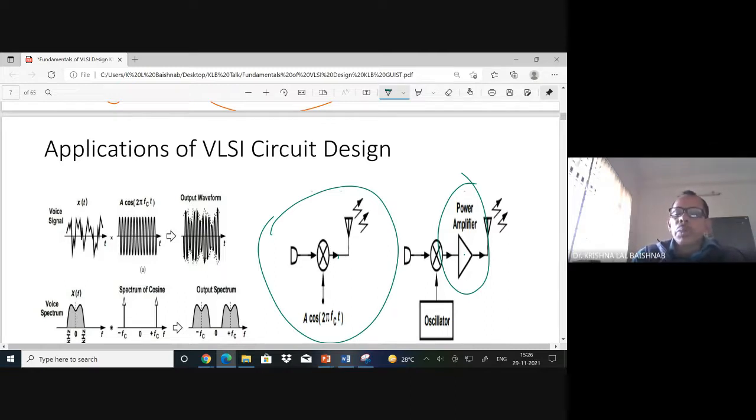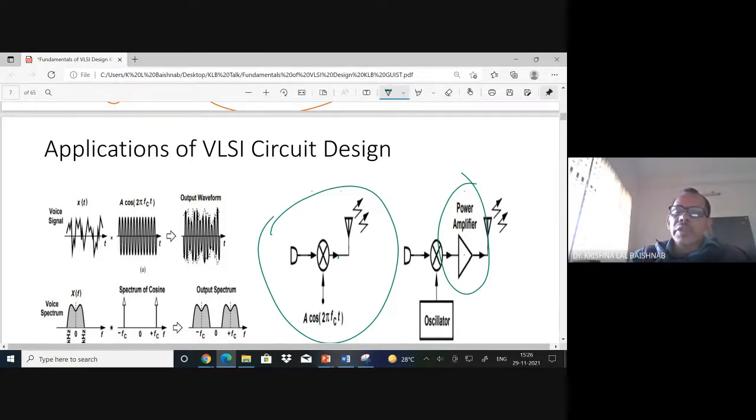In designing a power amplifier, the question comes at what frequency, which is very important, whether it is low frequency or high frequency. High frequency power amplifier design is very, very challenging. So this is again an area where we can work together, with a lot of opportunity for the new generation in power amplifier design. Earlier it was a superheterodyne receiver, but nowadays there is no superheterodyne receiver, only direct conversion.